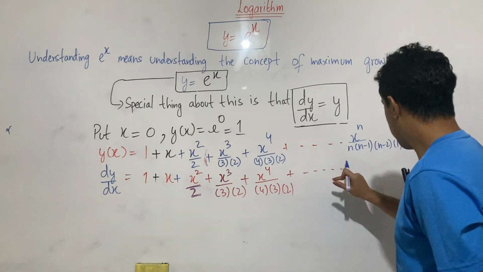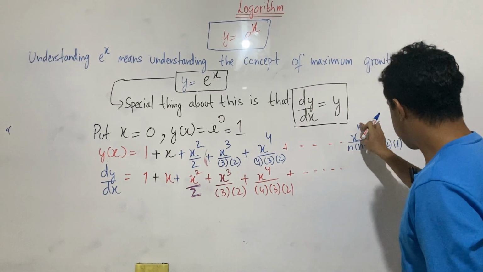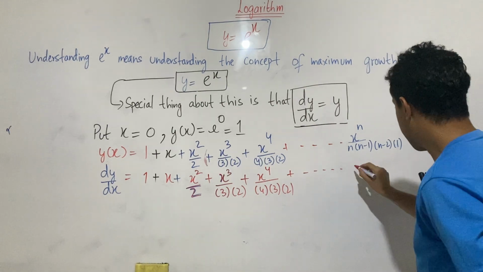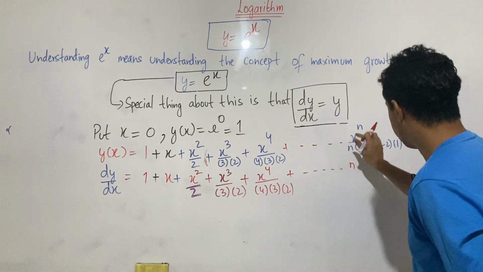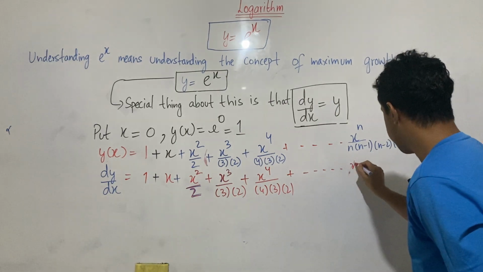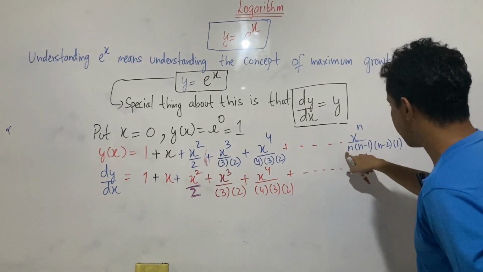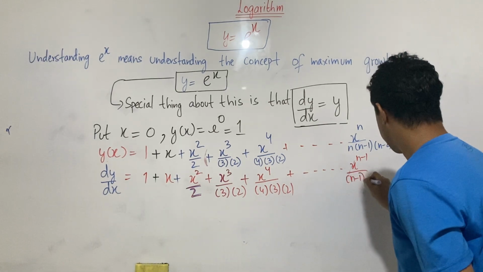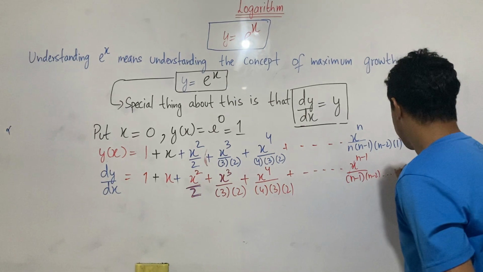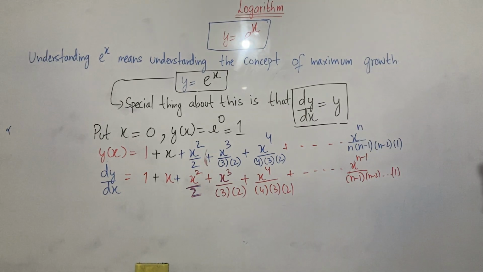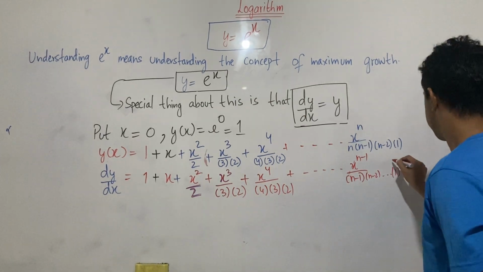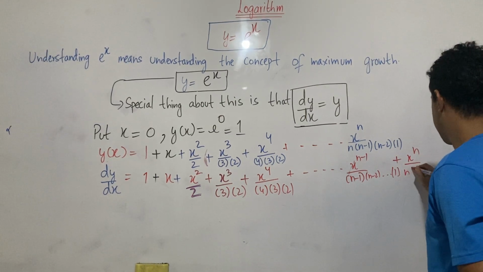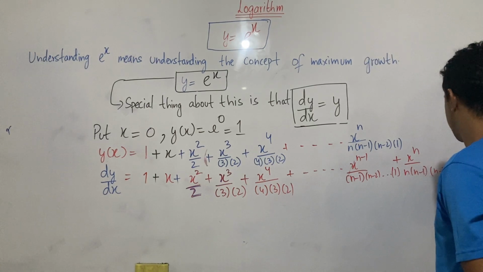And here what would happen? If it comes here, here would come n times x^(n minus 1). So here I can write x^(n minus 1), and that n will cancel, so it would be n minus 1, n minus 2, so on up to 1. Okay, and here plus x^n over n minus 1, n minus 2, so on.